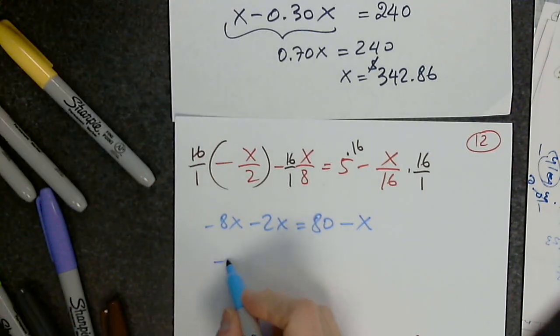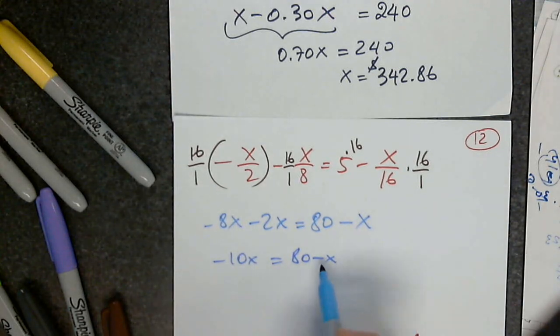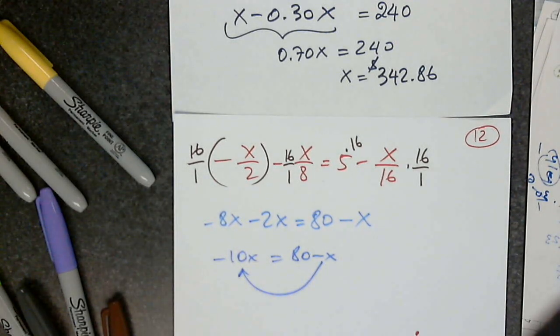The left-hand side is negative 10x. The other side is this. And I have to move the x to the other side. You can continue writing plus x, plus x, plus x, but it's easier if you say, okay, it was negative on one side, it becomes positive on the other. So negative 10x, but plus x. How much is that?